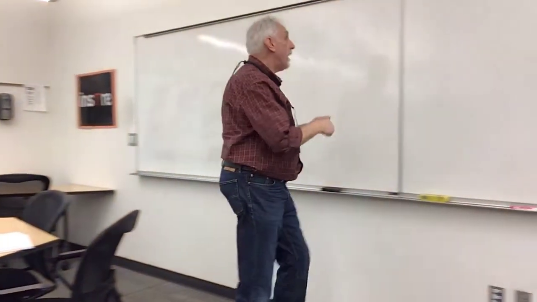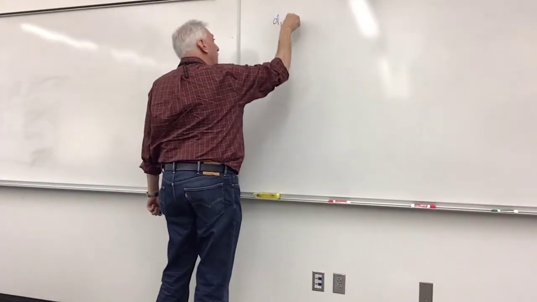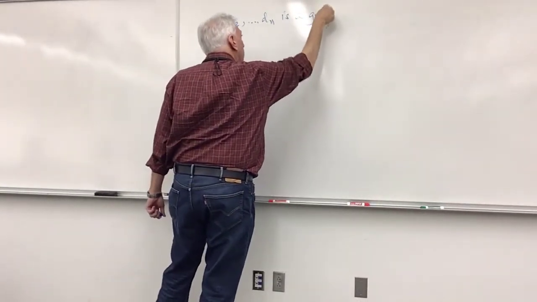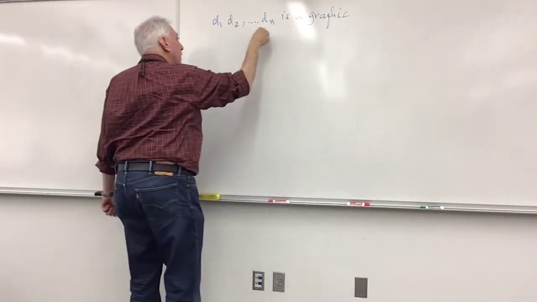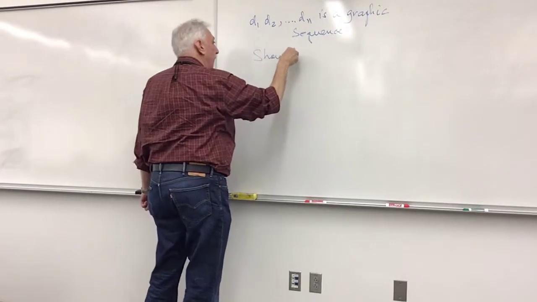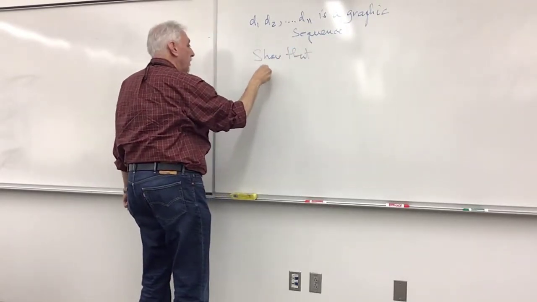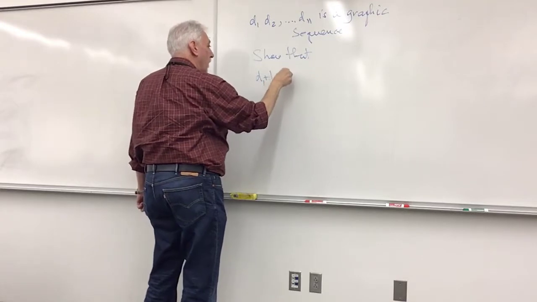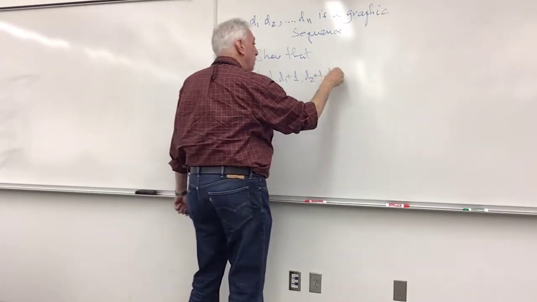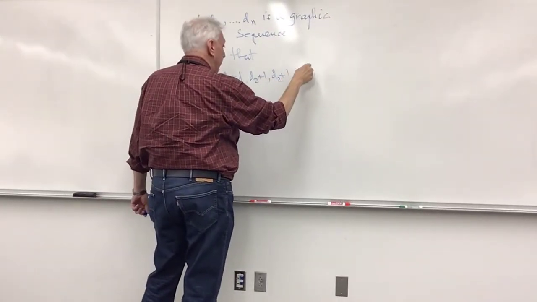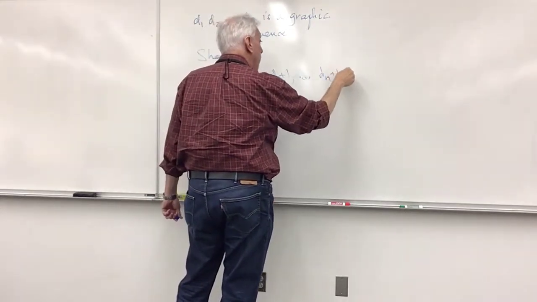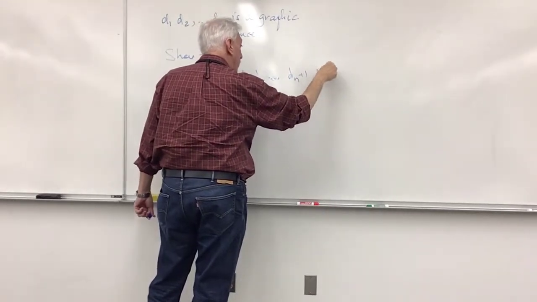One more time. I know that D1, D2, through Dn is a graphic sequence, and I want to show that D1 plus 1, D1 plus 1, D2 plus 1, D2 plus 1, D3 plus 1, you get the idea, down to Dn plus 1, Dn plus 1 is graphic.